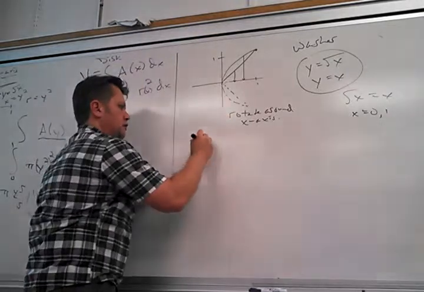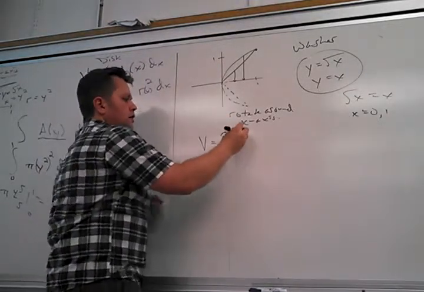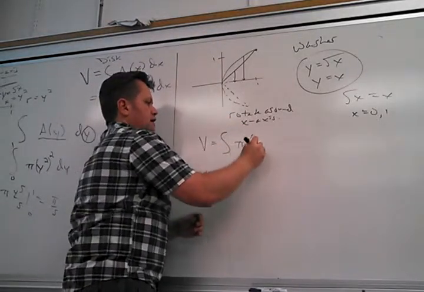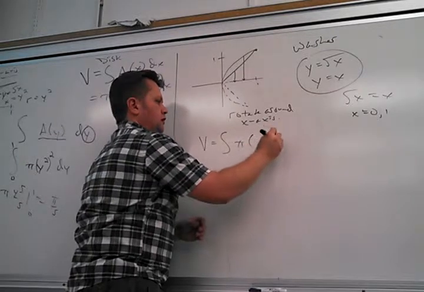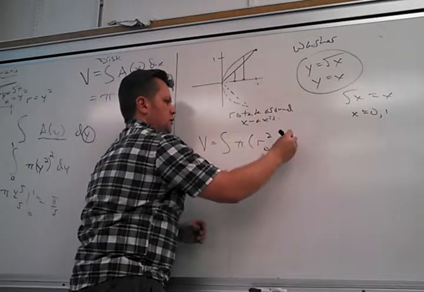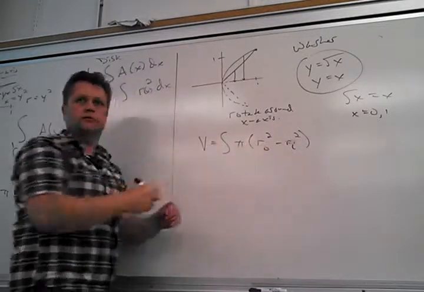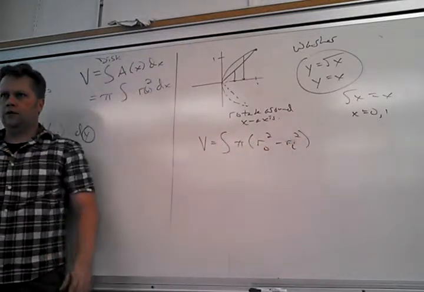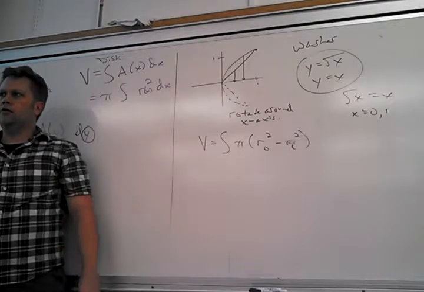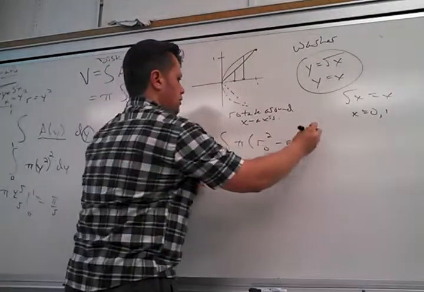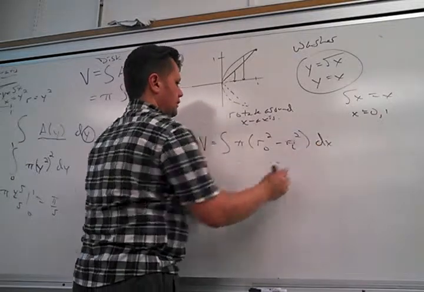So in general, the volume would be the integral of pi times the outer radius squared minus the inner radius squared. I want to take that area minus that area, so I just cut out the middle chunk. It's like a 3D cookie cutter problem. And of course, in this case it'll be dx.